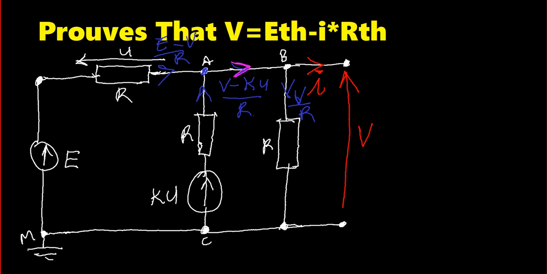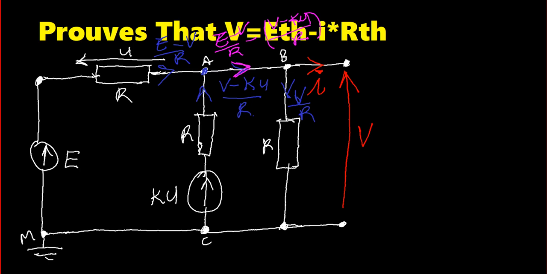So we can simply write E minus V on R minus, in brackets, V minus K U divided by R.